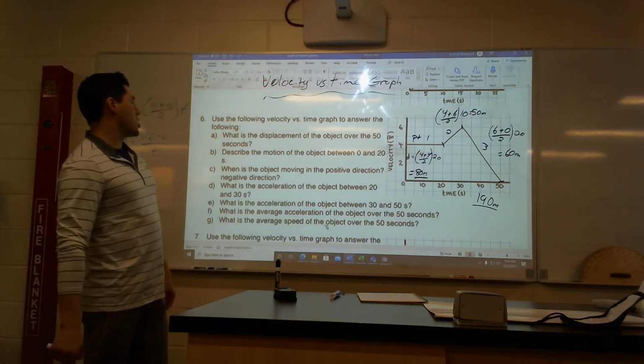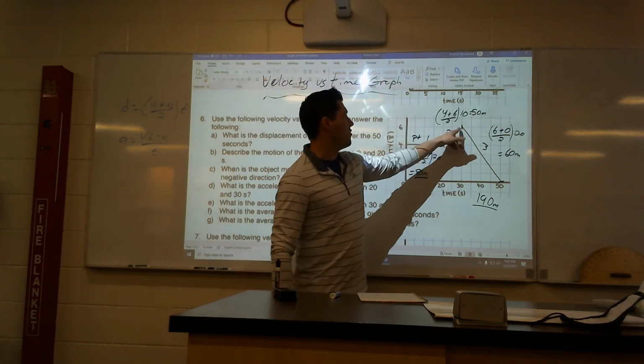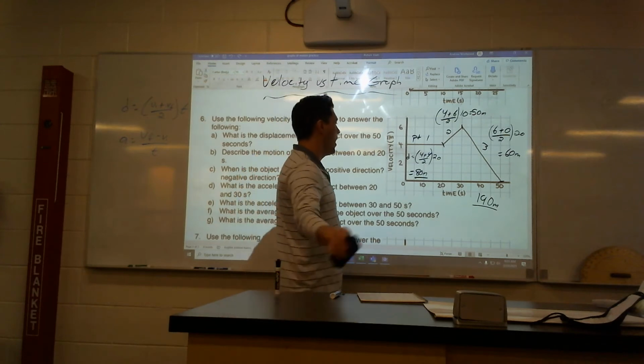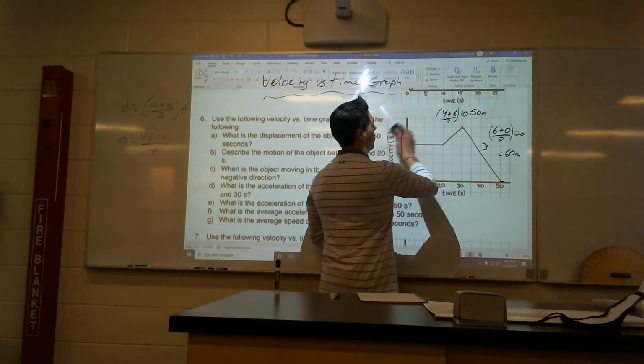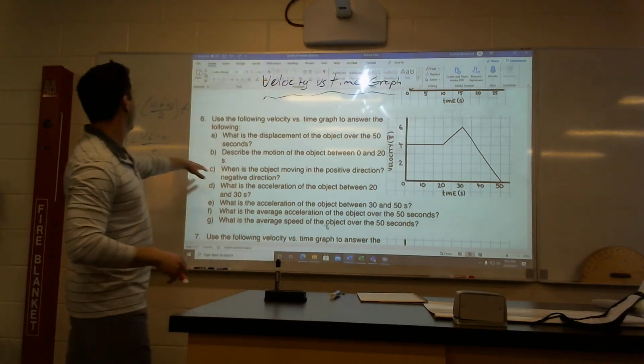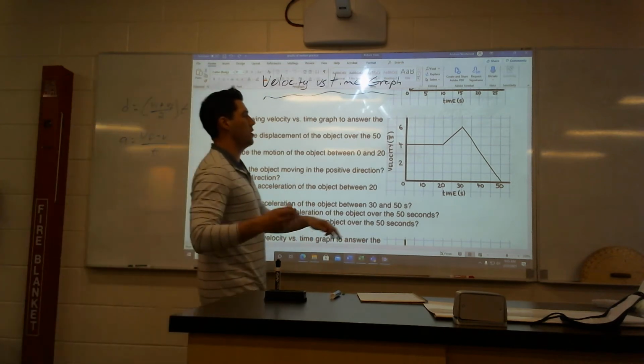What is the acceleration of the object between 20 and 30? So what is the acceleration here? Again, we have a change in velocity. So what's my acceleration? All right, so I'm going to kind of get rid of this now. I'm going to talk about acceleration with my red marker here. So to find acceleration, we're going to use this formula. Acceleration equals VF minus VI over time. So what's my acceleration here?